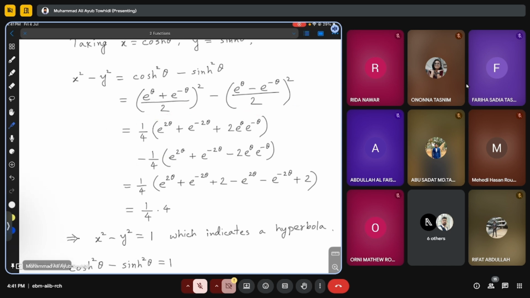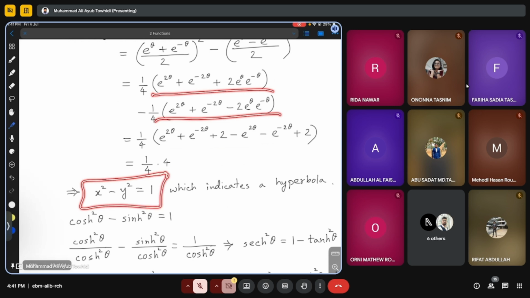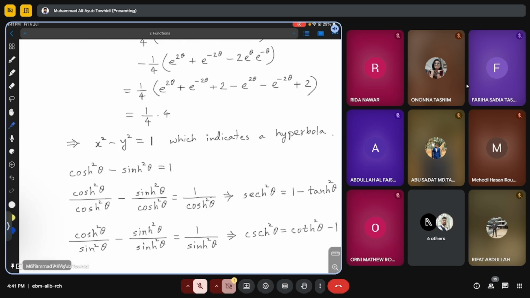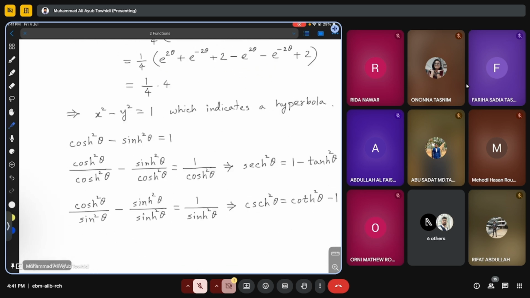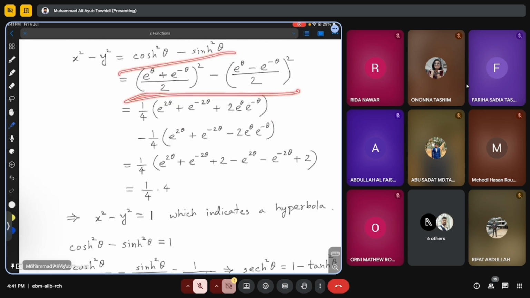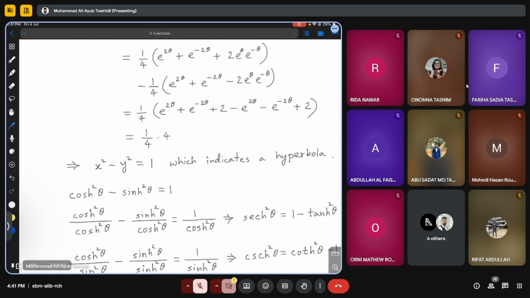Similar to the previous one, complete the calculation, you will find this x squared minus y squared equal to 1. This is the graph of a hyperbola. That is why this type of function is called hyperbolic function. So do the calculation yourself, but this is the concept.